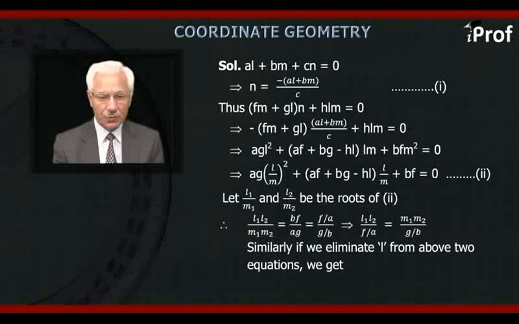Which simplifies to ag l square plus af plus bg minus hc times lm plus bf m square equal to 0. Dividing by m square, we get ag times l by m whole square plus af plus bg minus hc into l upon m plus bf equal to 0. It's a quadratic in l by m.